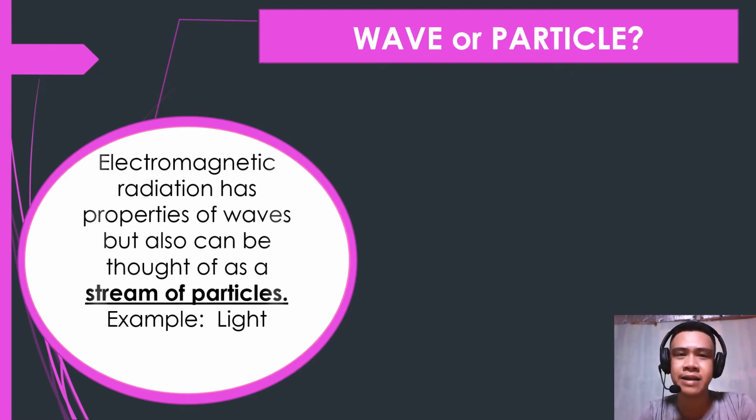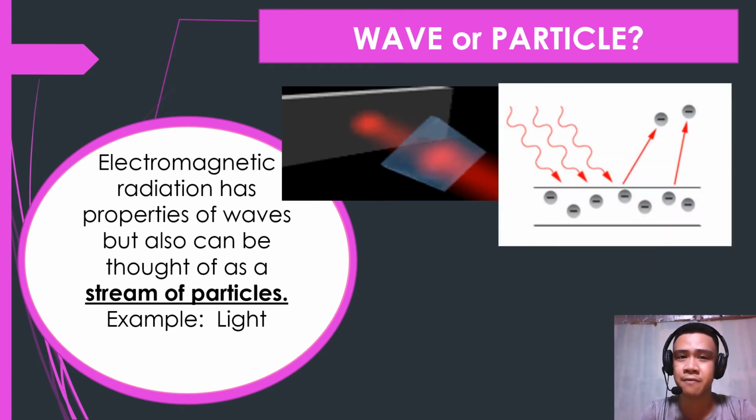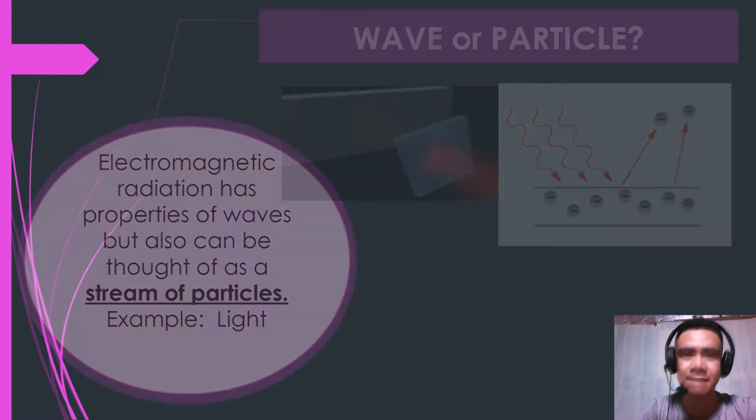So we have here light as a wave. Light behaves as a transverse wave, which we can filter using polarized lenses, and also light as particles, with photons. When directed at a surface or at a substance, light can knock electrons off of a substance, also known as the photoelectric effect. So that's it.